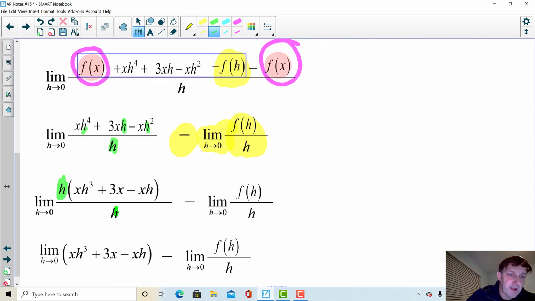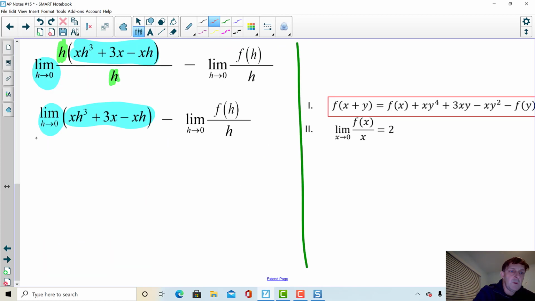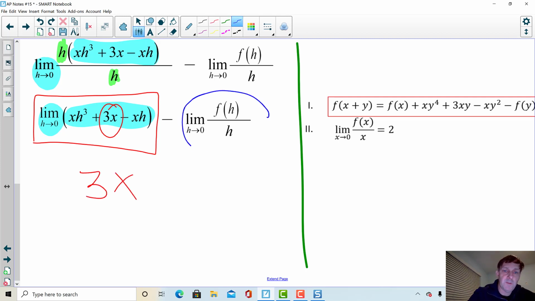After factoring it out, we can cancel it, and we're left with the limit as h goes to 0 of all this stuff. Okay, for this limit, we can just plug in the 0 for the h, and we would just be left with a 3x. For this limit, I want you to notice that changing just the x to an h isn't going to change anything.